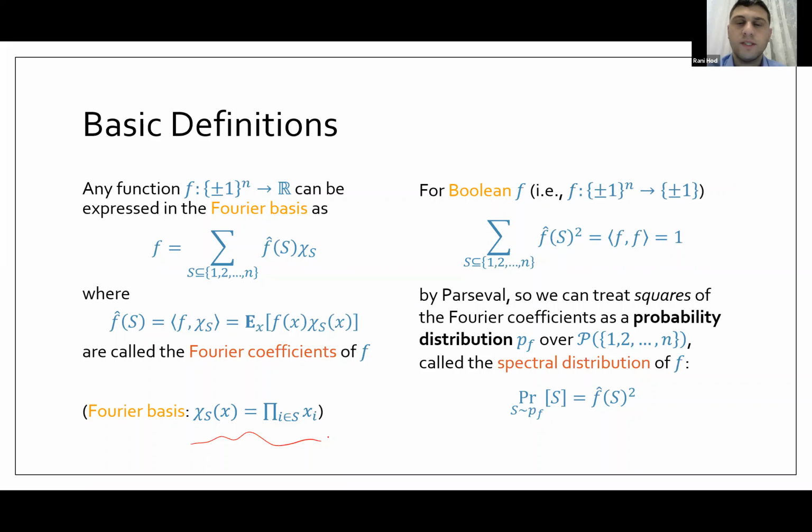These are non-negative numbers summing to 1, so we can treat them as a probability distribution over these 2 to the n subsets. We call this the spectral distribution of the function f. So the probability of sampling a particular set S is just f hat of S squared.